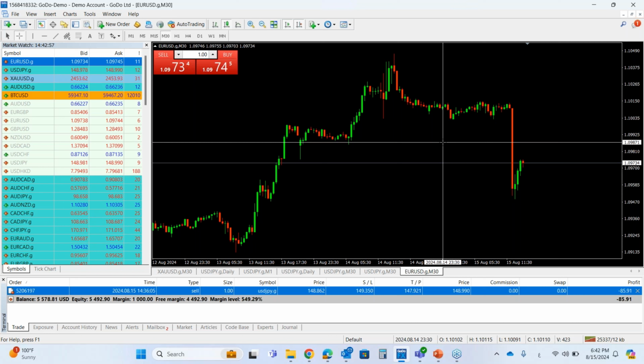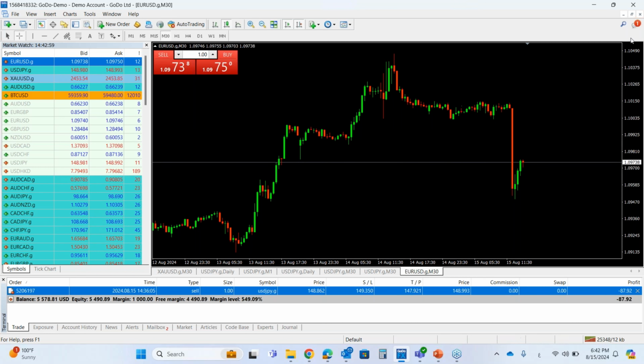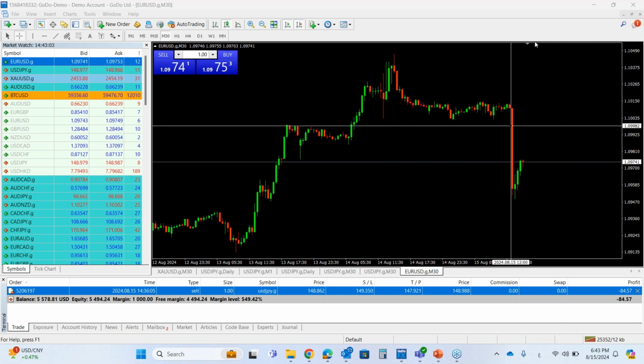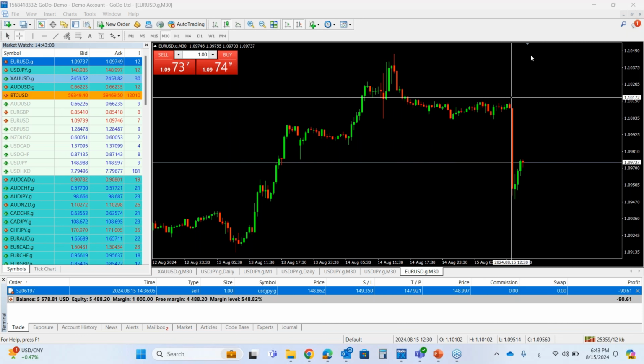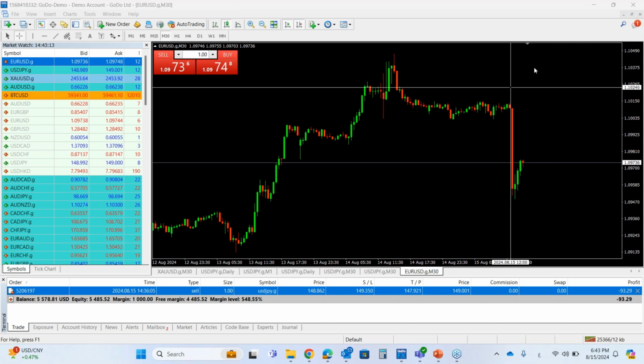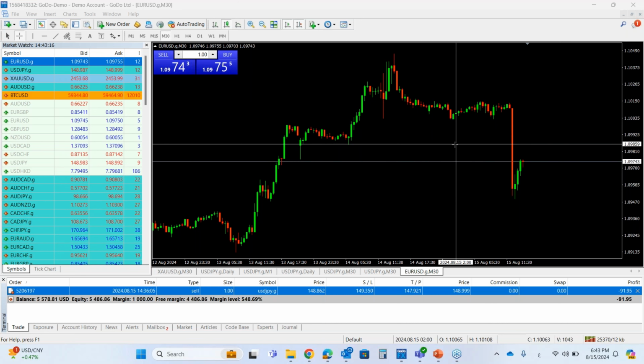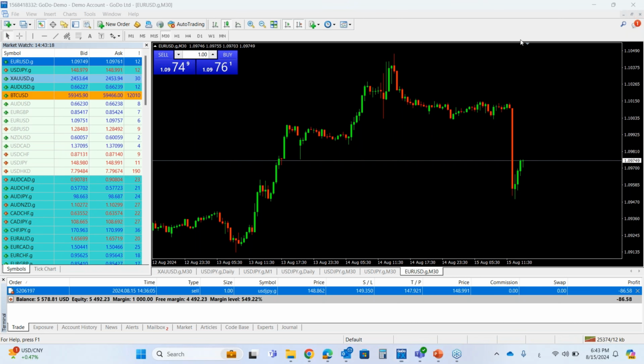I predict in the future it will go up for some time. But if you are just scalping, I think you can buy also. I wouldn't sell the euro right now. I would buy it, but I would not hold for a long time. I would just close it as soon as I can, because the market volatility these days is very strong.